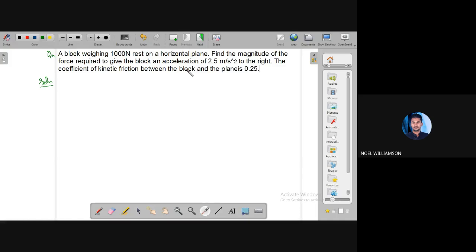The figure is not given, so we have to draw the figure first of all. There is a block on a horizontal plane.